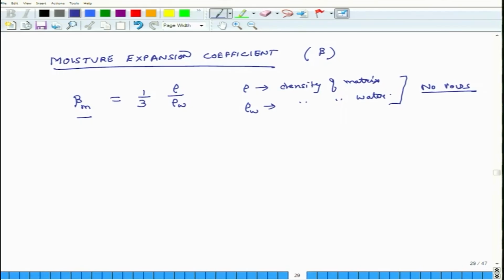So, this is the relation for the matrix moisture expansion coefficient. Okay. For the composite, we say that beta L is equal to 0 in the longitudinal direction. Why? Because in the longitudinal direction you have fibers. When it tries to expand in the direction of fibers, fibers are very stiff and they do not let it expand significantly.